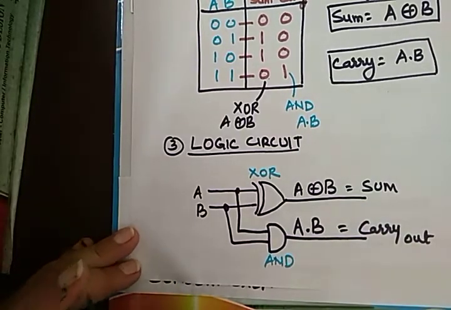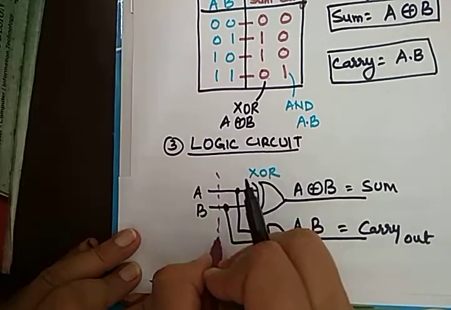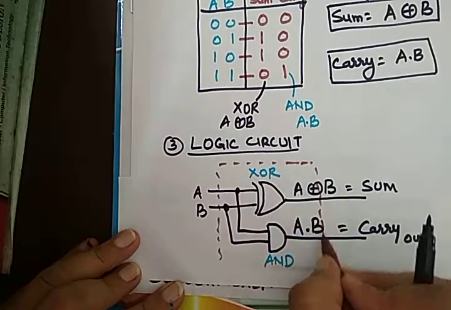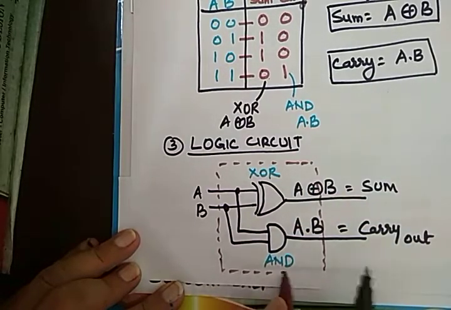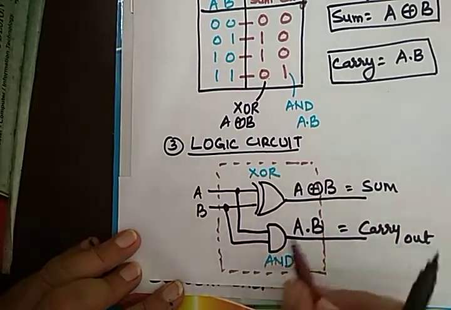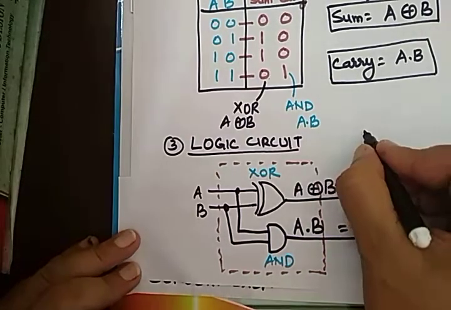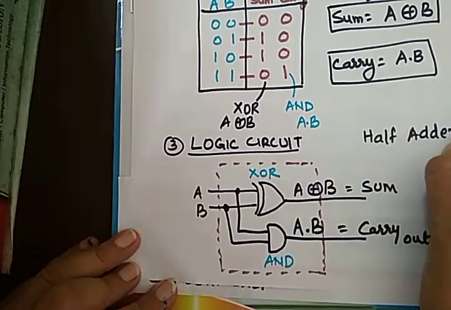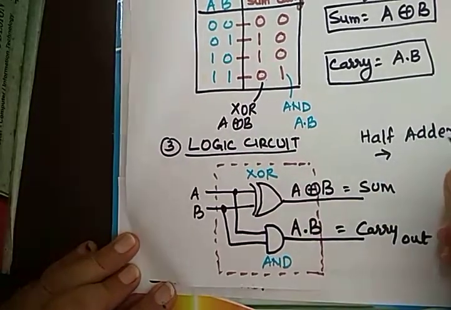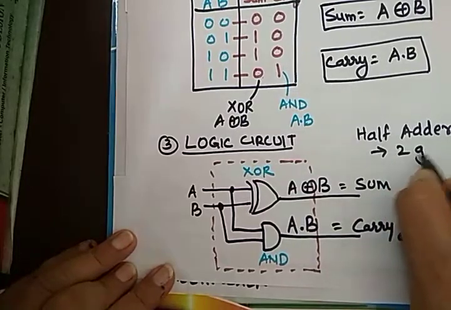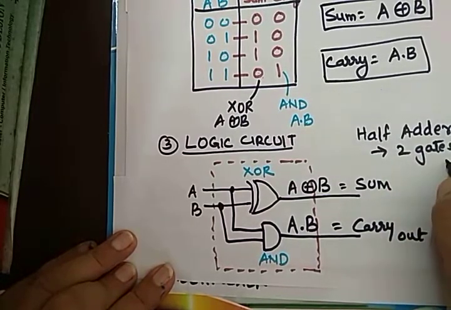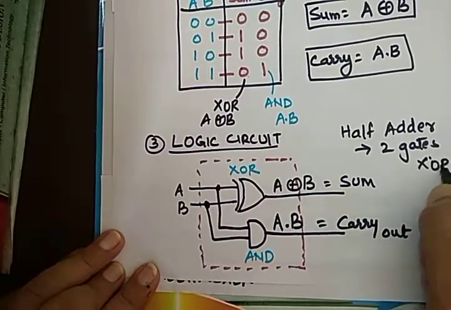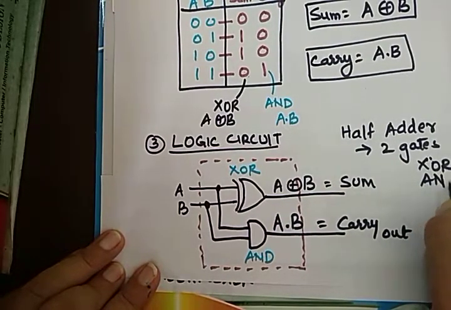So this becomes the truth table and the logic circuit. If we draw the block diagram, we now know that the half adder is a combination of two gates. What are those two gates? The first is the XOR gate and the second is the AND gate.